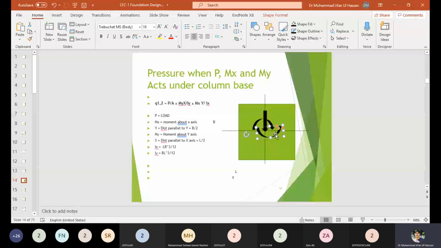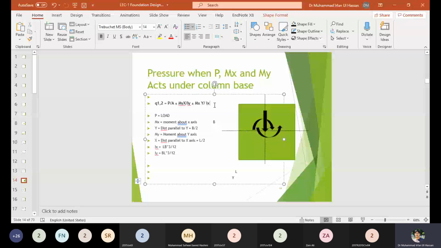You have to see that. For example, जो मेरा यहाँ पे Mx है, that is giving a compression on the top side, and my My जो है that is giving the compression on the right side. ठीक है ना? तो अब आपने देखना होगा कि पॉइंट कहाँ पे लाई कर रहा है.